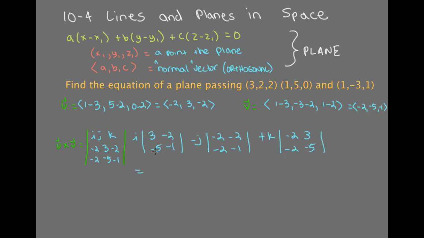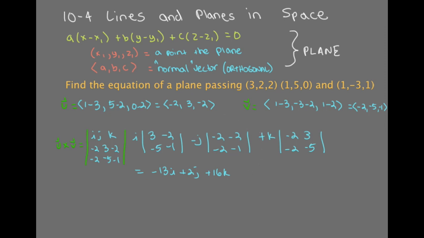Negative 3 minus 10 is going to be negative 13i. 2 minus 4 is going to be negative 2. Negative becomes a positive, 2j. 10 minus negative 6, so that's 10 plus 6, plus 16k.